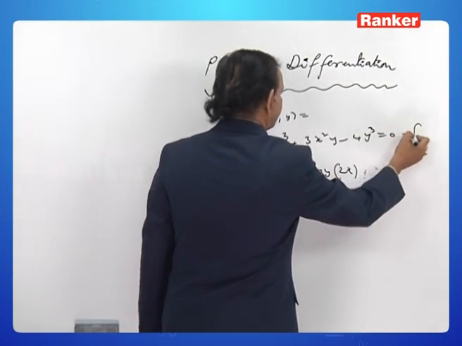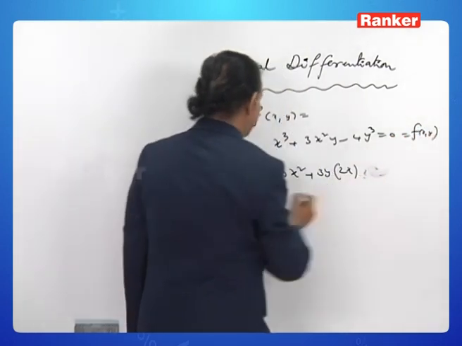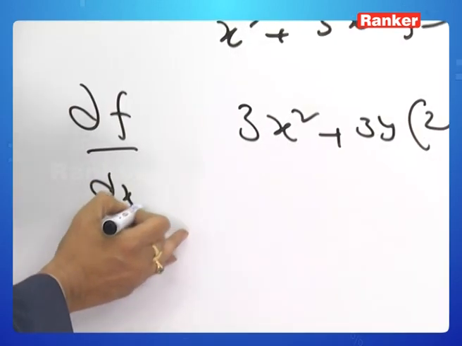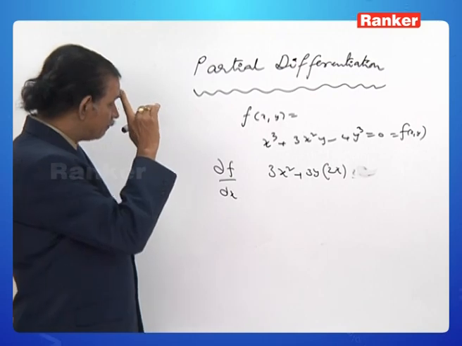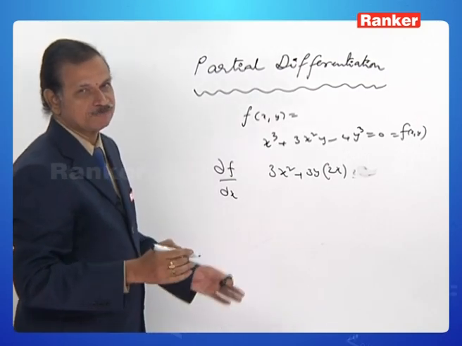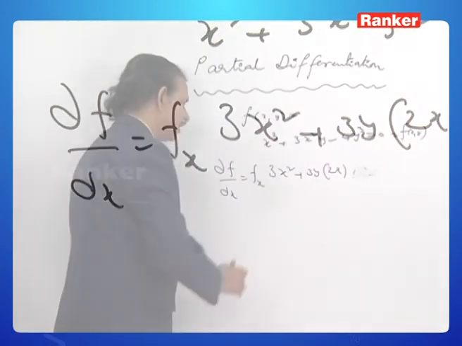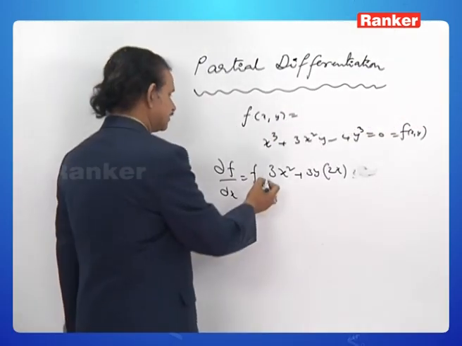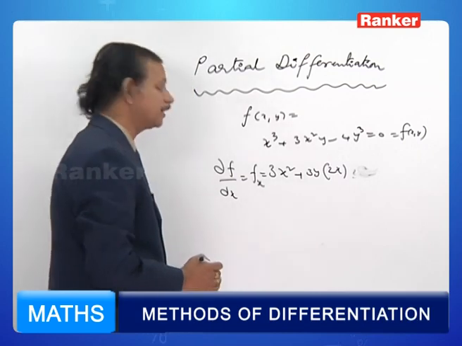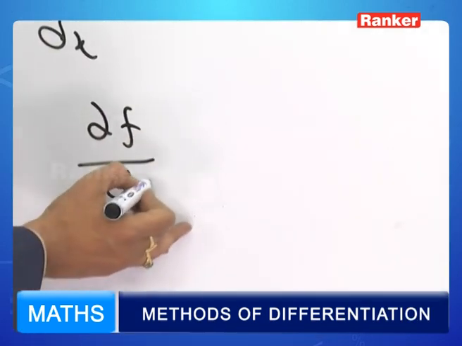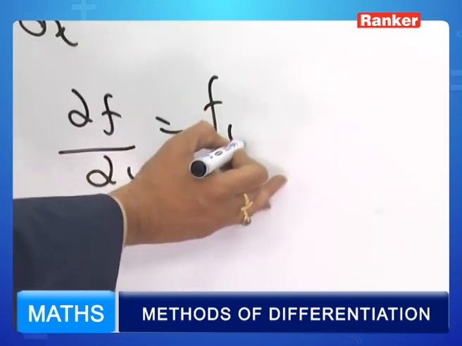If you name it some f of xy, then this is dou f by dou x, we say. It is a partial derivative but not the full derivative. Another way of representing it is fx, that is partial derivative with respect to x. Similarly, dou f by dou y can also be fy.